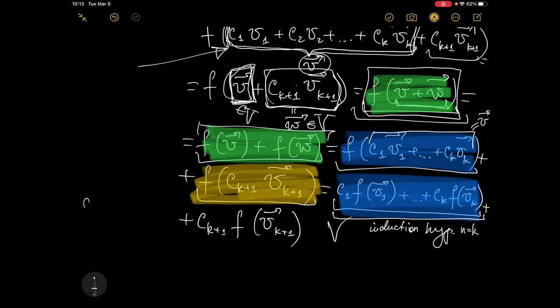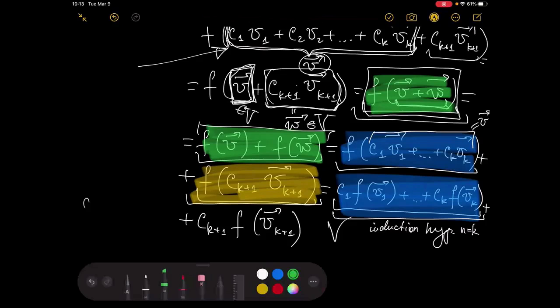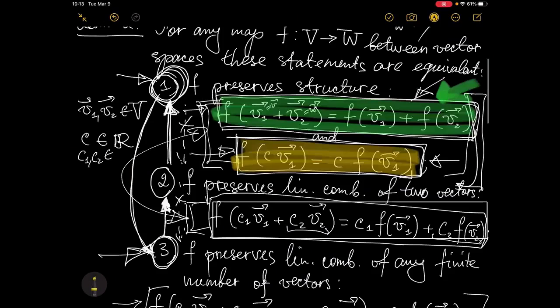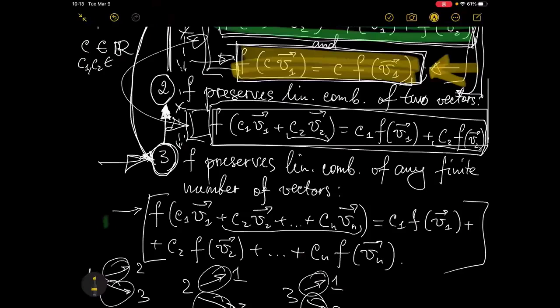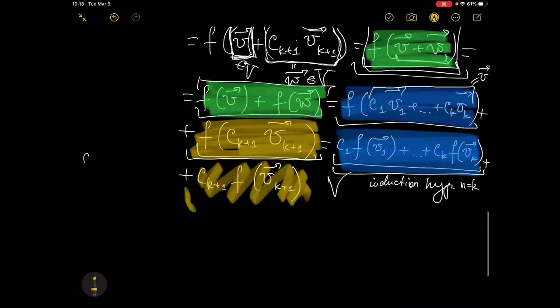And for this part, I used exactly the second statement: f of cv equals c times f of v, just this.